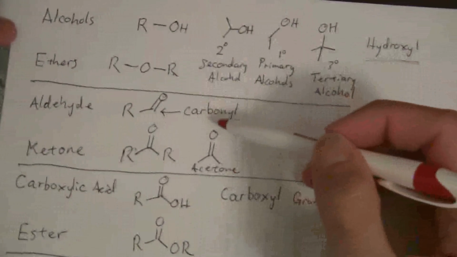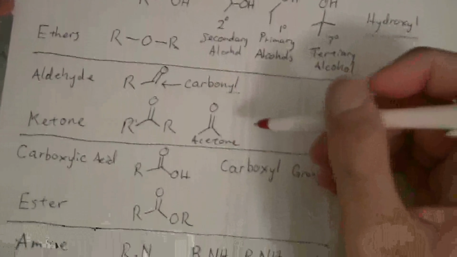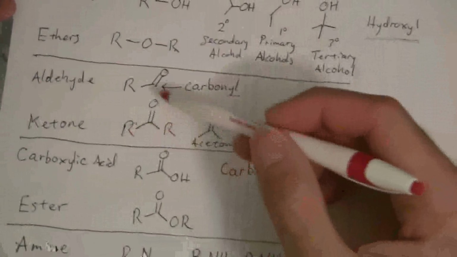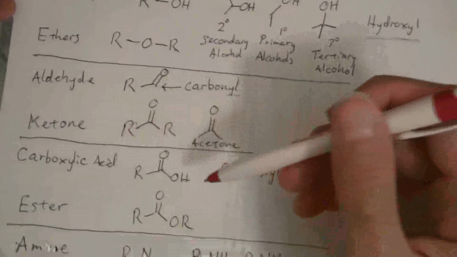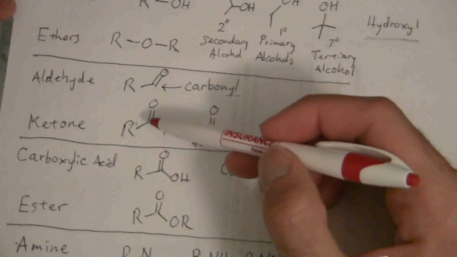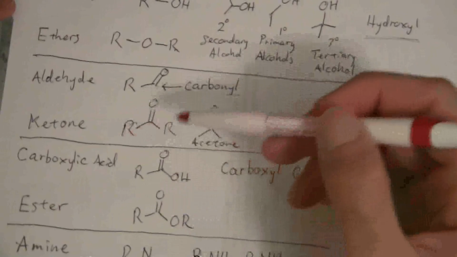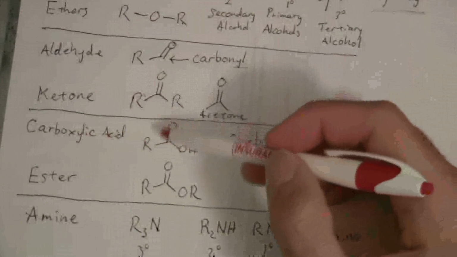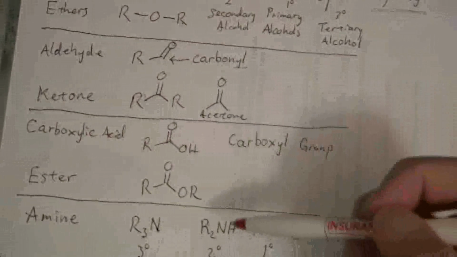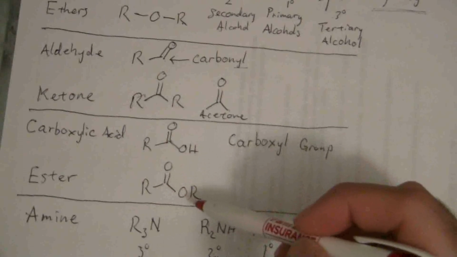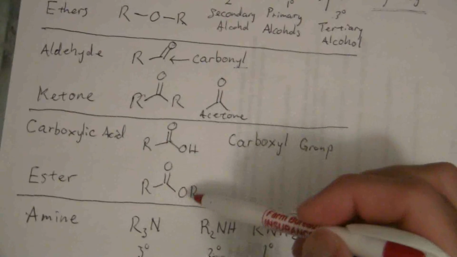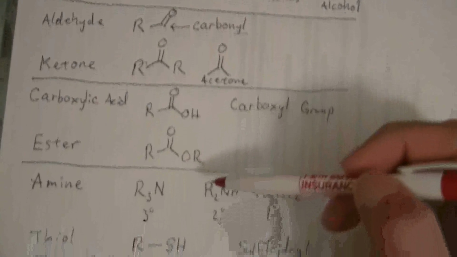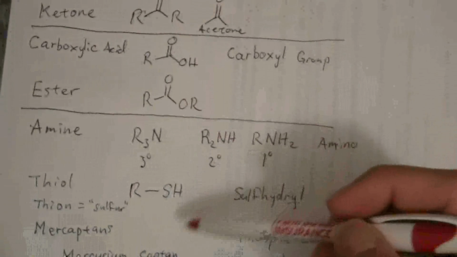As a group, it ends in the YL. Okay. Ketones have that same carbonyl carbon, but they have two R groups. And then you have the carboxylic acid. There's the carboxyl group, and you have esters as well.